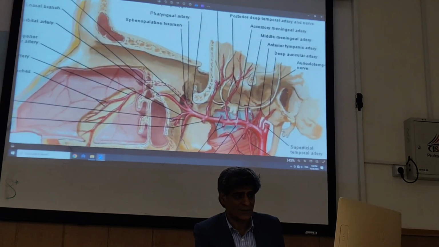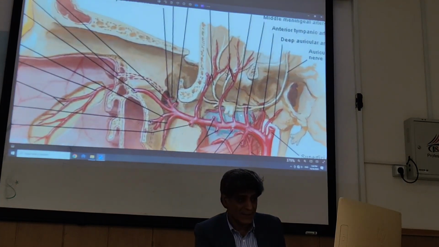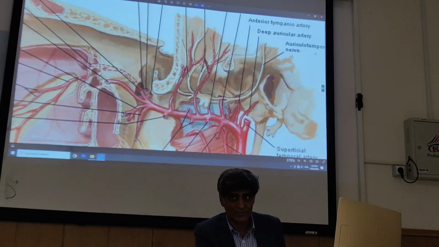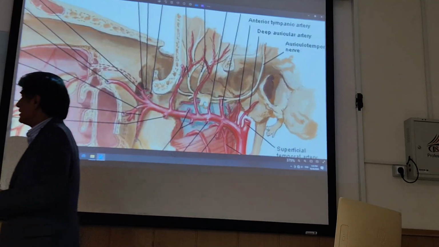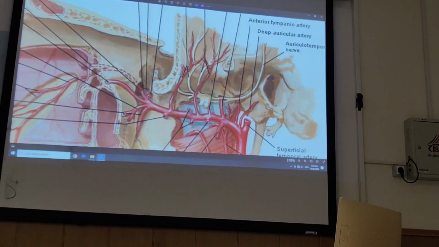The middle meningeal artery passes through a loop of the auriculotemporal nerve. The auriculotemporal nerve contains two roots, an upper root and a lower root, which form a communicating loop.